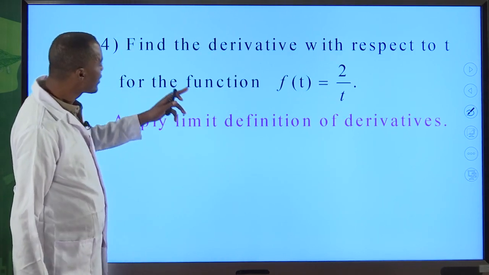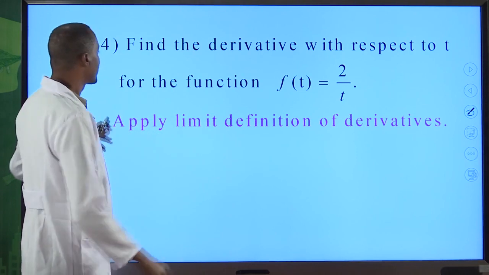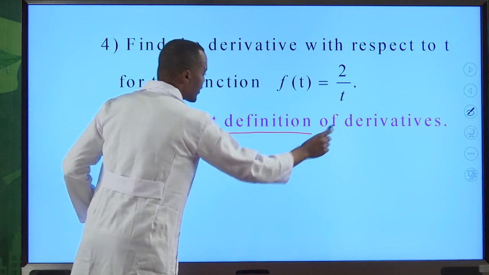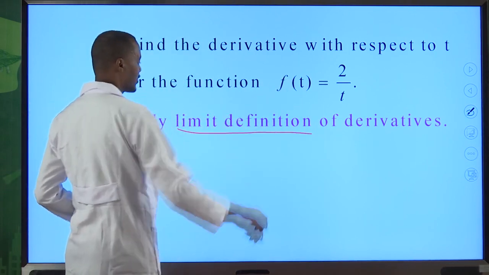Fourthly, find the derivative with respect to t for the function f of t is equal to 2 over t. Apply now the limit definition instead of the general formula.